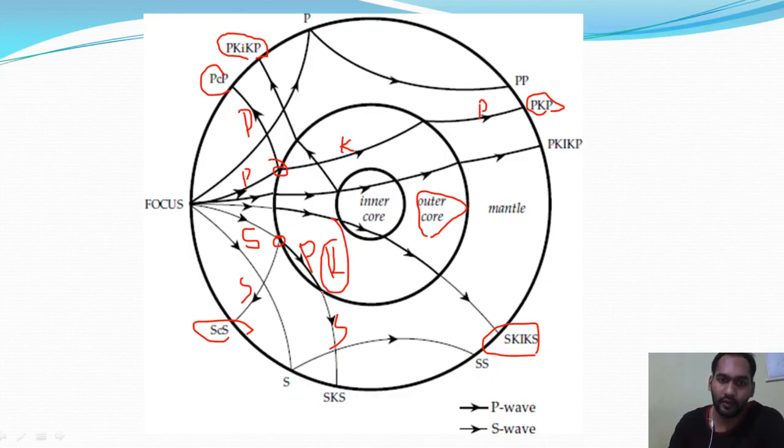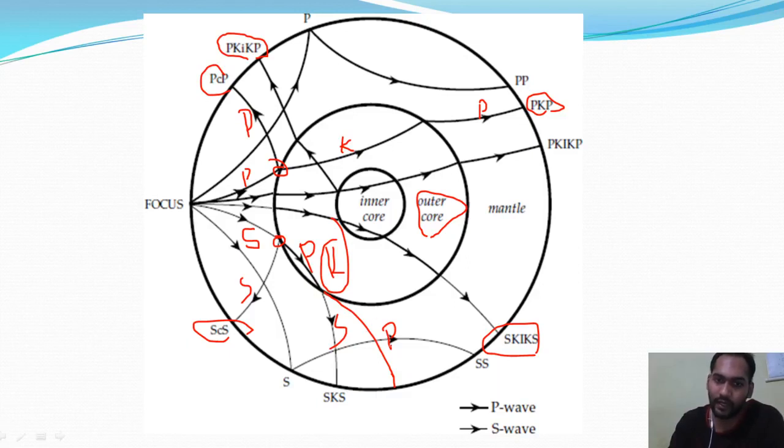It can also come out from the outer core and travel in the mantle as P. So we will name it as SKP, right? An S wave in the mantle, then entering the outer core, so traveled as P, then from the outer core to the mantle it again came as a P wave.